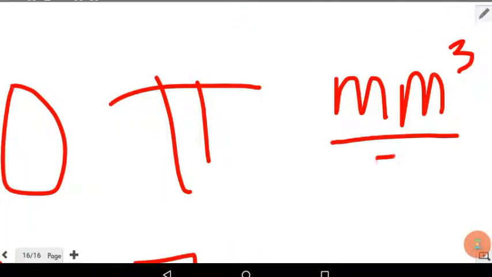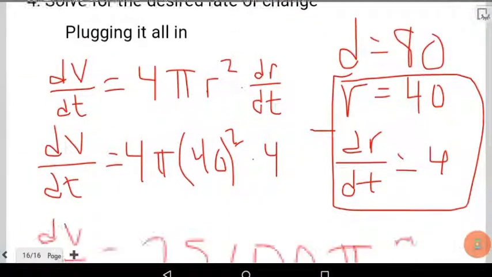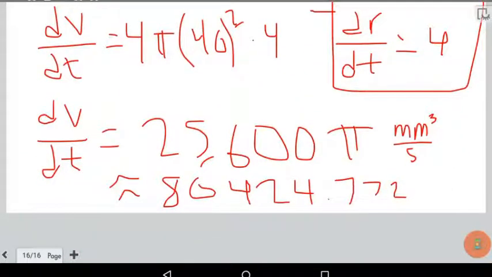So this is going to be changing at a rate of cubic millimeters per second. So that's it. That gives us our answer. That tells us how quickly the volume is changing with respect to time when the diameter of our sphere is 80 millimeters. It's just going to be that 25,600 pi cubic millimeters per second.